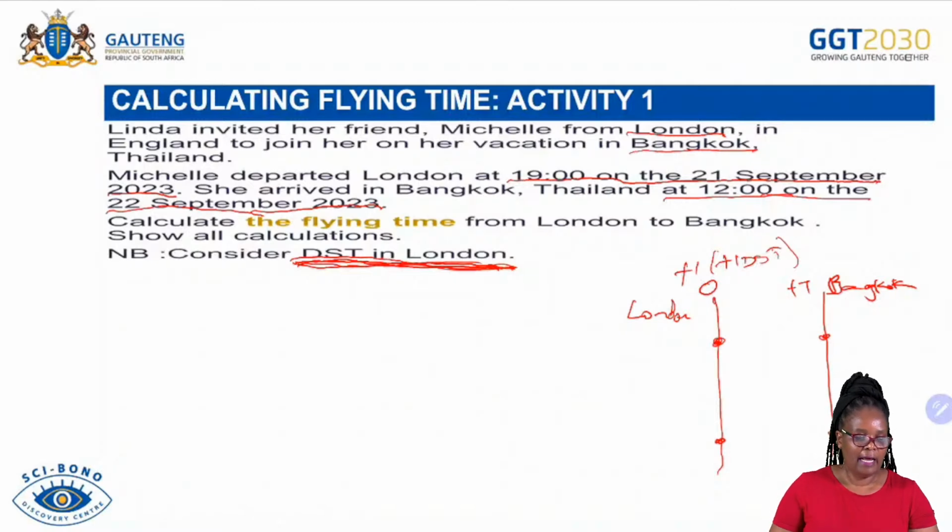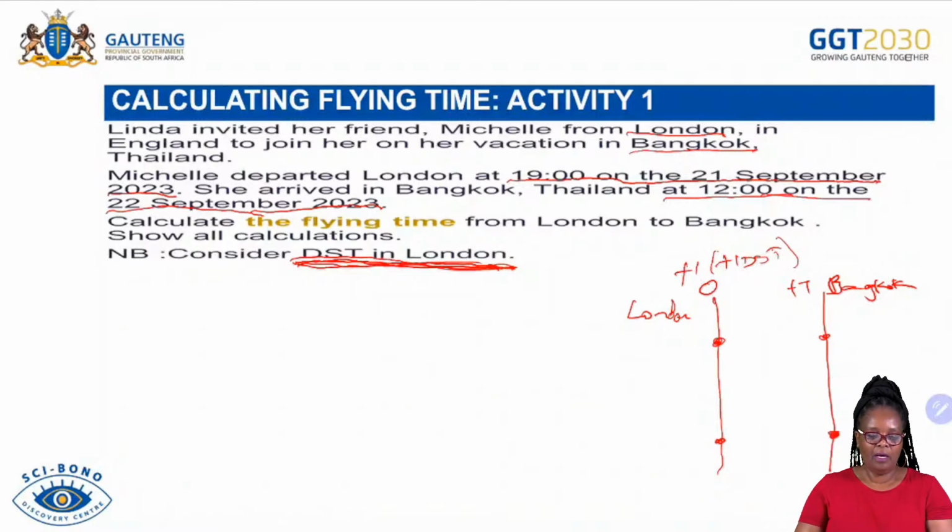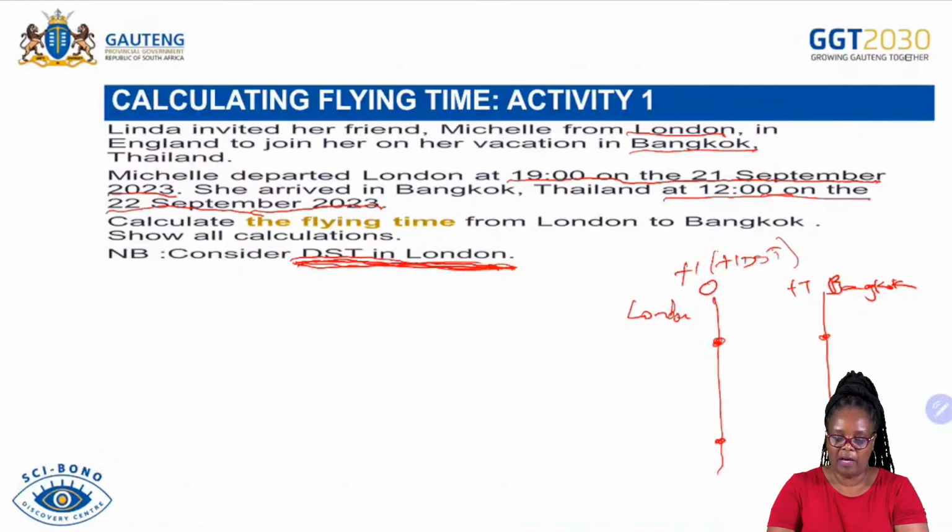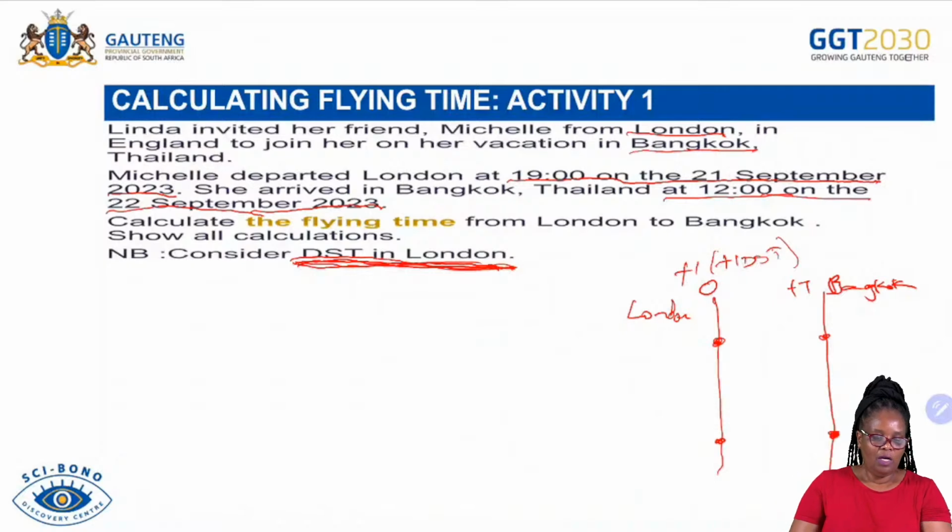So the next thing, we have added the time zones at the top. So now we have to write the given time. What is the given time?